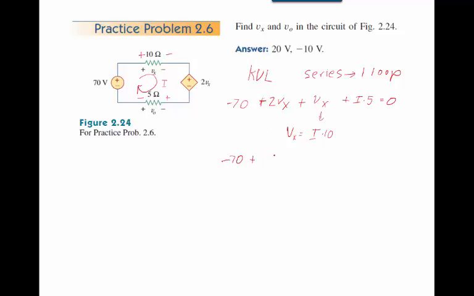So minus 70 plus, make that substitution right here, 2 times I times 10, plus I times 10, plus I times 5 equals 0. So this is an Ohm's law application, this is an Ohm's law application, and this is my voltage controlled source. Voltage controlled voltage source. This voltage, Vx, controls this voltage right here.